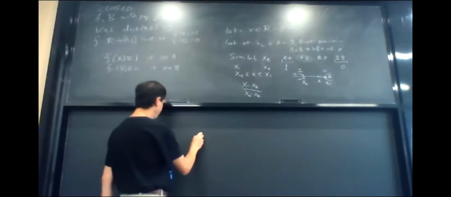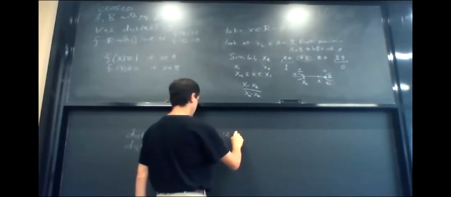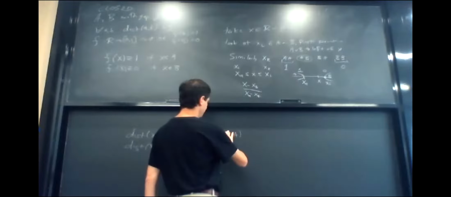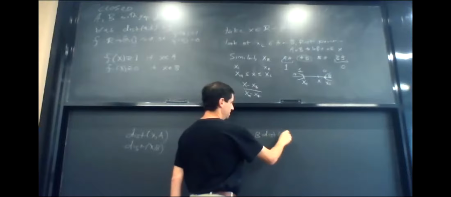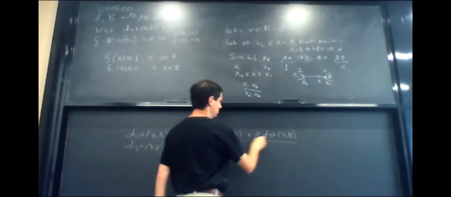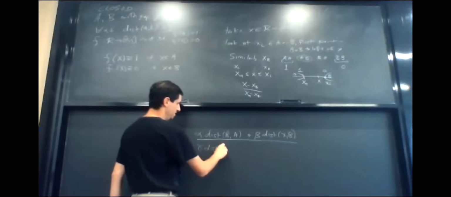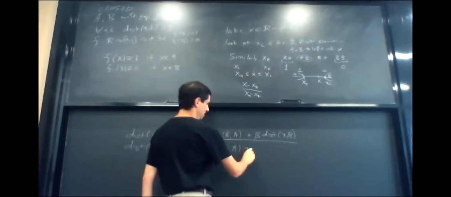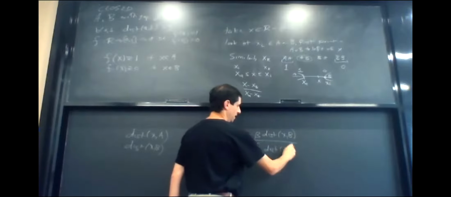What if I tried something in the form alpha distance xA plus beta distance xB, over gamma distance xA plus delta distance xB.